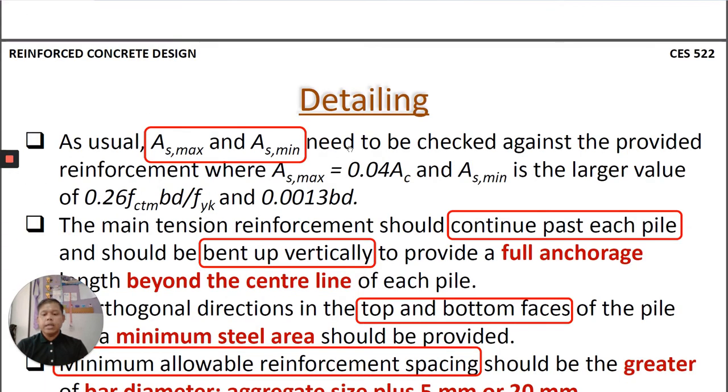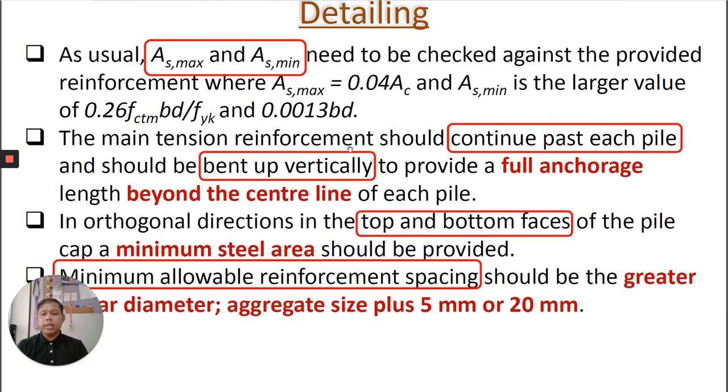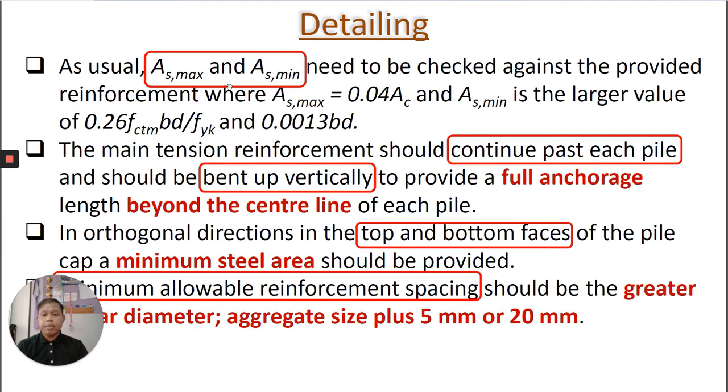On the detailing, as usual, we have to check the As minimum and As maximum. For the reinforcement, As maximum is 0.04 Ac and As minimum is equal to 0.26 fctm bd over fyk and 0.013 bd. Another thing is the same as what we have done before.